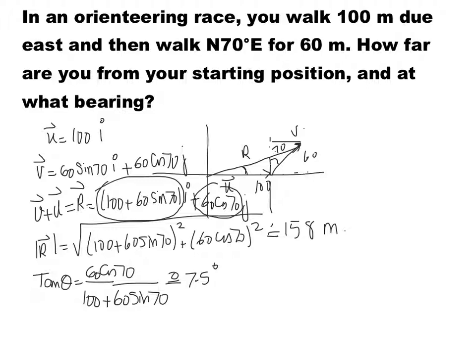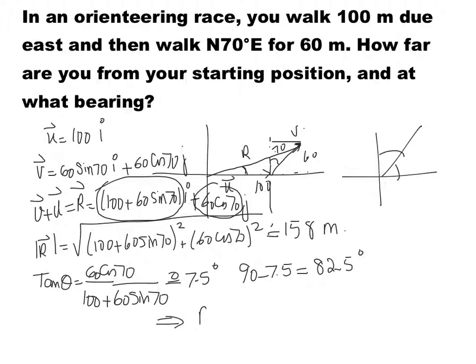Now, if I want to use the quadrant bearing, then I have to subtract 7.5 from 90, because in the quadrant bearing, remember, I need this angle, not this angle. So if I subtract 7.5 from 90, I get about 82.5 degrees. So the resultant vector is going to be 158 meters north, 82.5 degrees east.